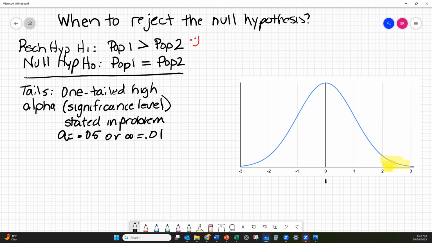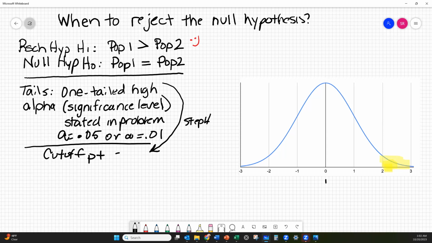So you'll need that piece of information. And of course, by now you will have used that piece of information in step 4 to determine the cutoff point. So the cutoff point is the z-score associated with that level of alpha in that test.